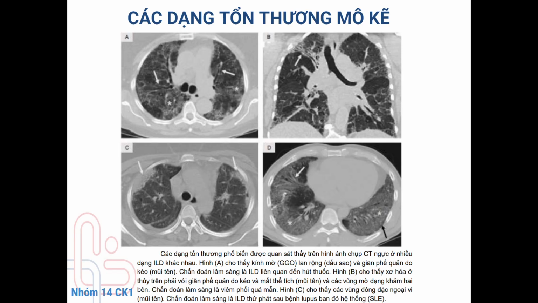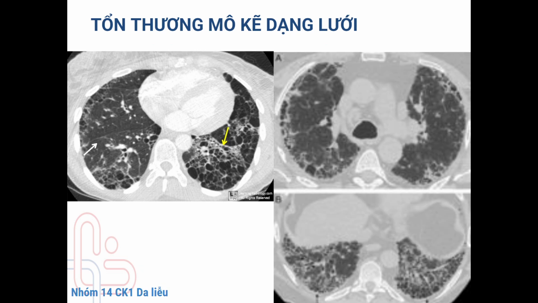When fibrosis progresses, traction bronchiectasis emerges, indicating distortion of lung architecture due to fibrotic pull, frequently observed in idiopathic pulmonary fibrosis and advanced NSIP. The most definitive fibrotic pattern is honeycombing, characterized by clustered subpleural cystic airspaces.